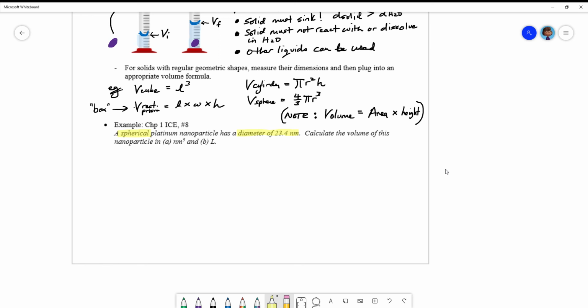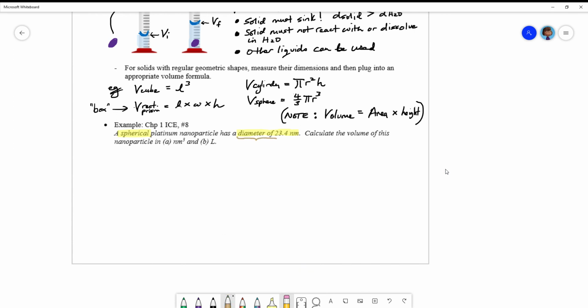very symmetric shape of the nanoparticle, which is a sphere. So it's useful to know that the particle is in a spherical shape because we have the volume formula for a sphere, 4/3 pi r cubed. But in that formula, 4/3 pi r cubed, we don't want diameter, we want r, which is radius. And so the first question is, what is the relationship between radius and diameter?